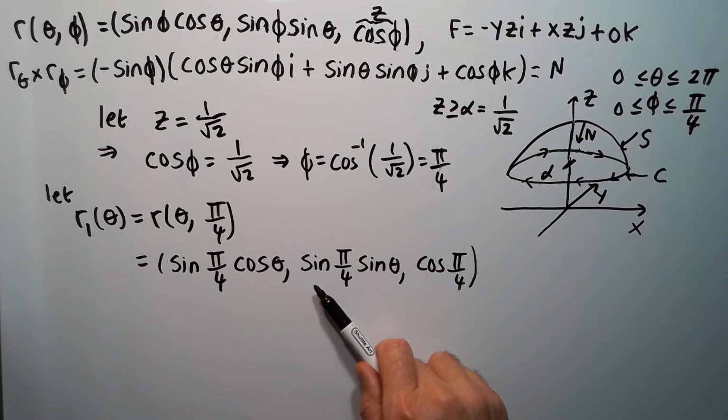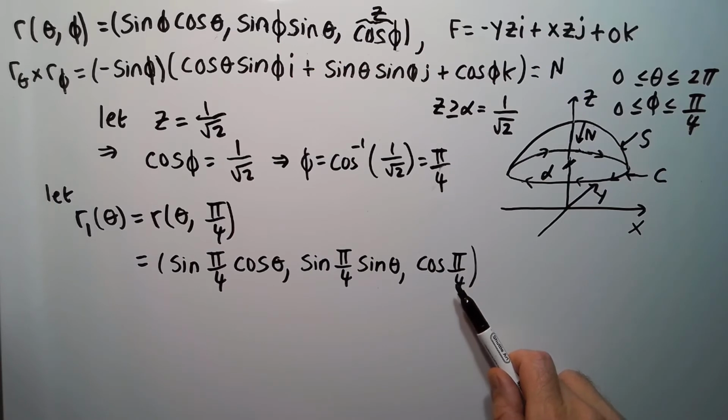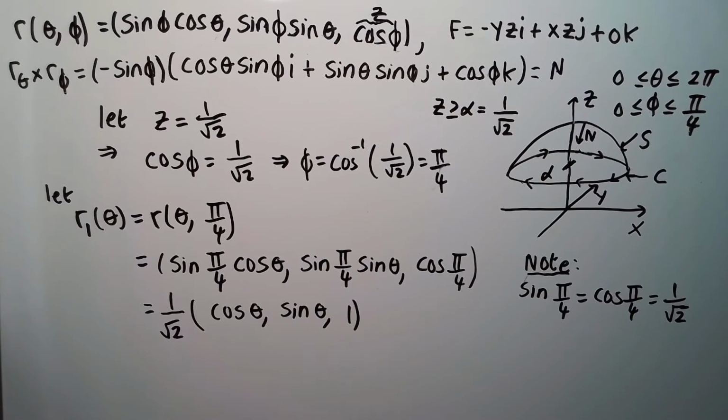And the sine of pi over 4 equals cosine of pi over 4, and they both equal 1 over square root of 2. So I'm going to factor the 1 over square root of 2 out in front. So it'll become 1 over square root of 2 here, here, and here. So factoring it out in front, have it here. Okay, so this is our parameterization of C.